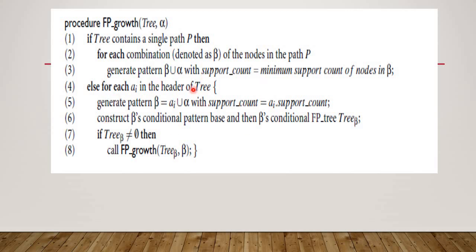If it has multiple paths, then for every element in the header table, you have to consider the conditional pattern base and the beta's conditional FP tree, and you have to keep on doing it until the tree is null. So that's all with respect to the FP tree algorithm.